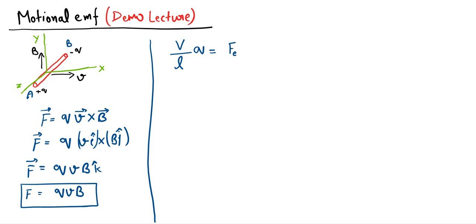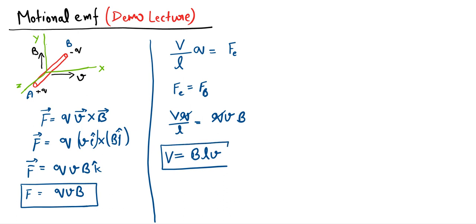And this force is in the opposite direction to the magnetic force. So the electric force and magnetic force now balance each other. So let's balance the electric and magnetic force: F_E equal to F_B. VQ by L is equal to QVB. So cancel out the Q and separate the V. So this becomes V equals B L v.